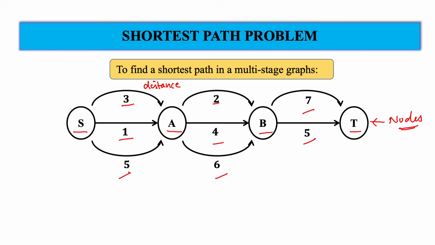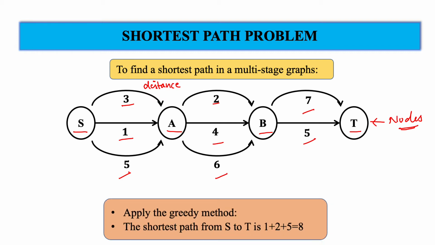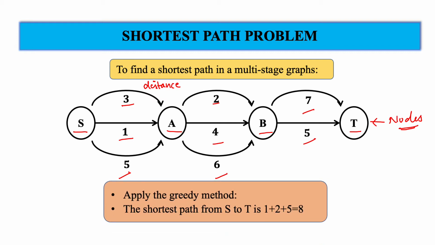The easiest method is the greedy method. If you start from S and come to A, there are three paths with values 3, 1 and 5.